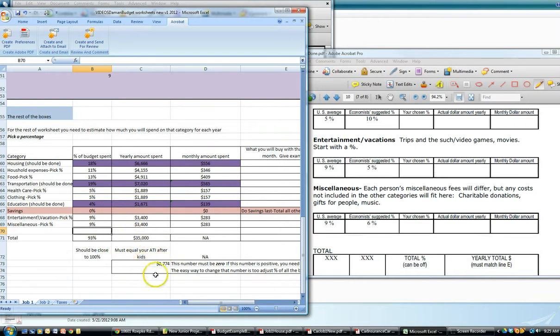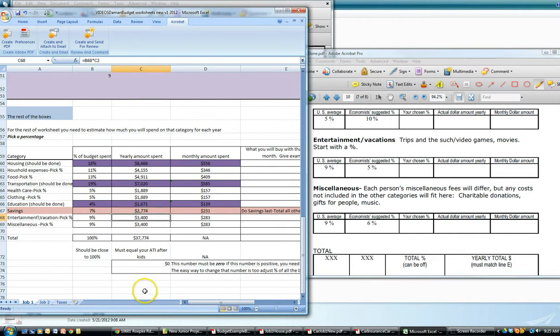Okay, so I haven't spent 100%, but I'm close to 100%. Now, this box down here, this number has to be 0 for your project to be correct. Okay, so this is why we say save the pink for last. Once I've gotten close to 100%, I can take this number and put 2774, enter.